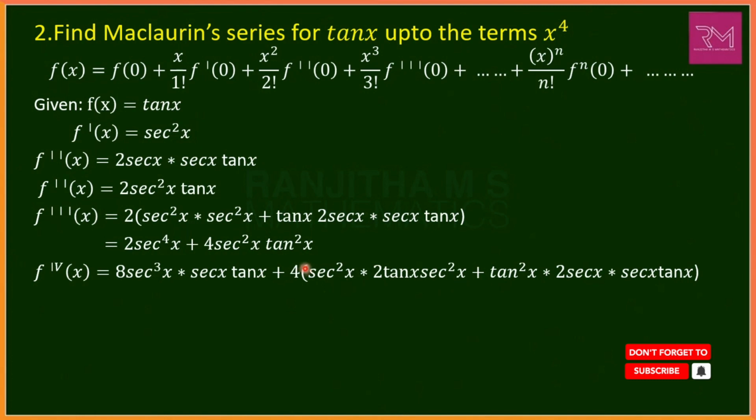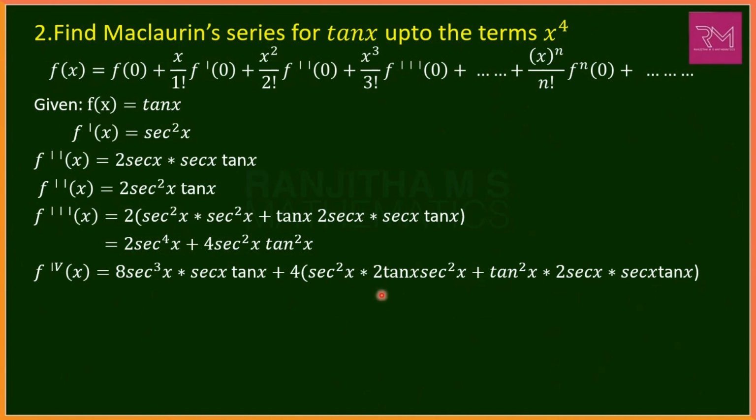Consider secant square x as the first function, tan square x as the second function. That is secant square x into differentiation of tan square x, which is 2 into tan x into, again we have to differentiate tan x, that is secant square x, plus second function, that is tan square x, into differentiation of secant square x, which is 2 into secant x into differentiation of secant x, which is secant x into tan x.